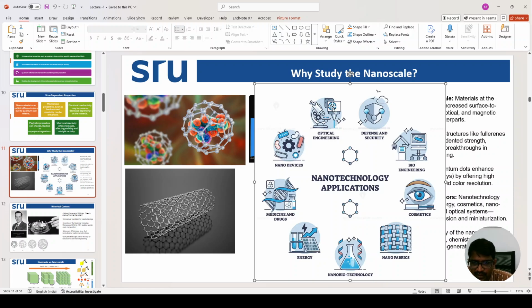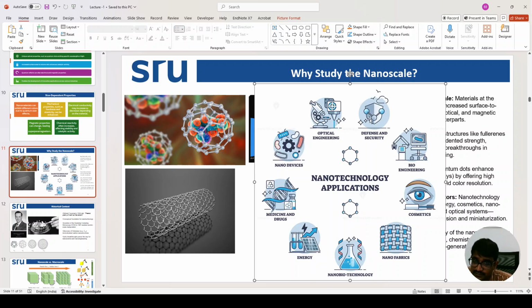You can see here optical engineering, defense and security. In defense, in rockets, in satellites, nanotechnology is used mostly. For example, if a rocket is very heavy, it is very tough to launch.